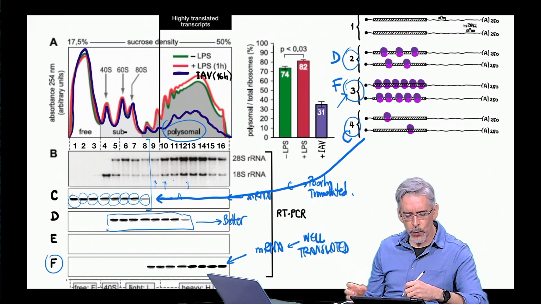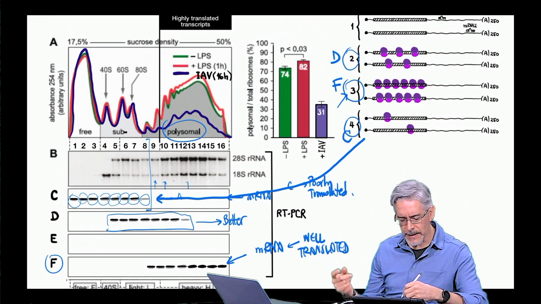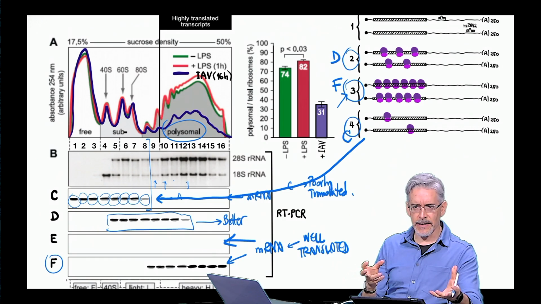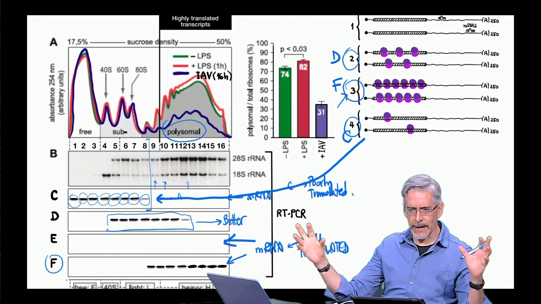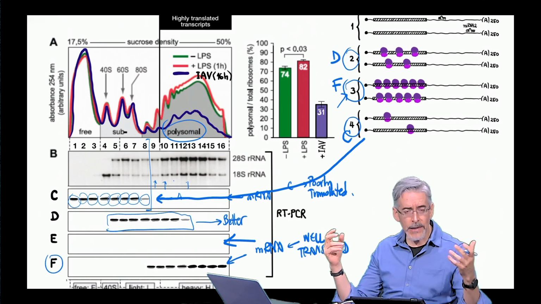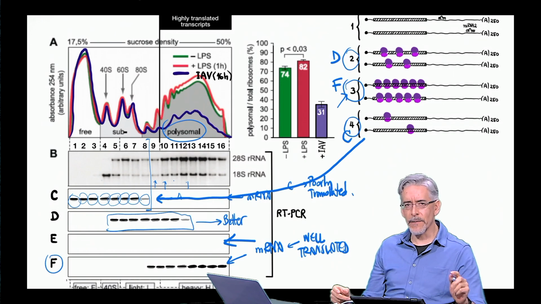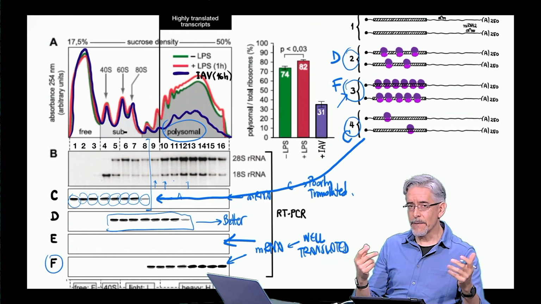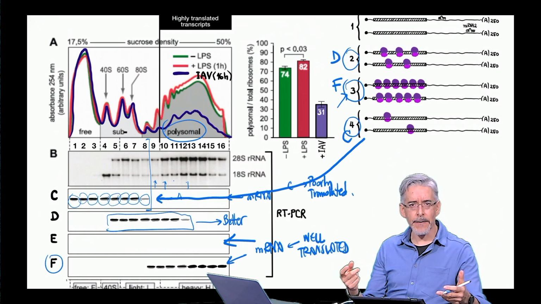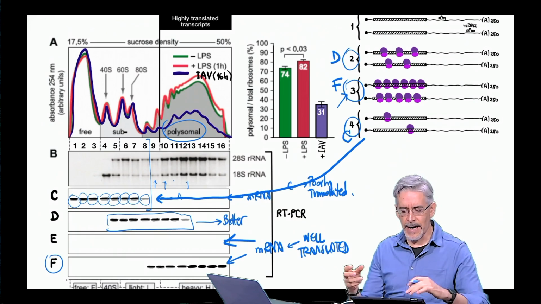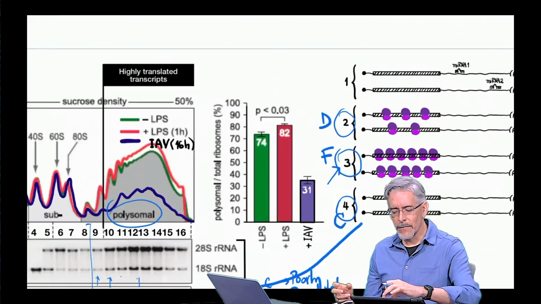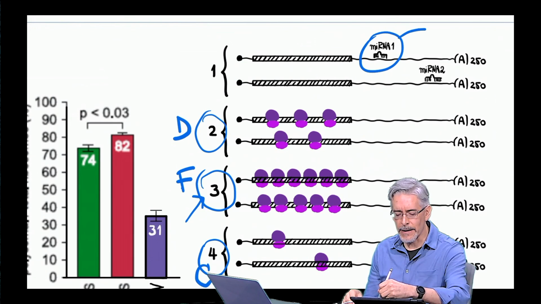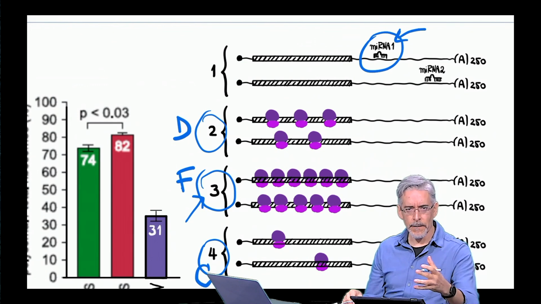Now there is one final messenger RNA that is indicated here as not giving a signal at all in the entire gradient. So what could have happened to that particular messenger RNA? Well, one relatively simple answer is that the messenger RNA was fairly rapidly degraded. And that could be what happens if you have a microRNA targeting your messenger RNA.